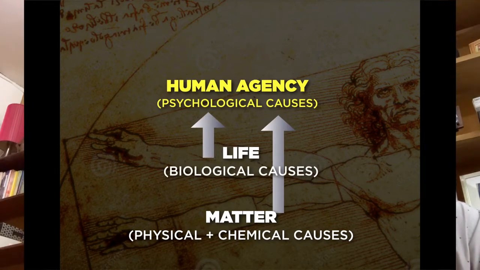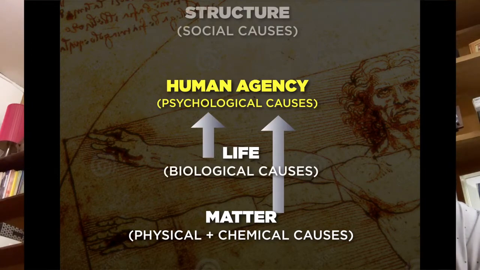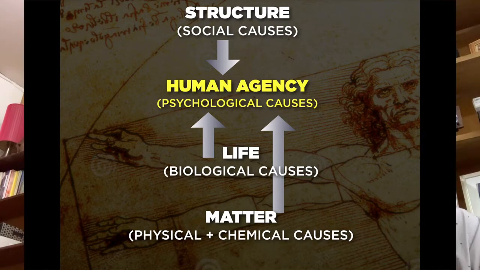Moreover, human agency is also shaped by social causes. Now, what this is showing us is that human agency is rooted not only in the physical and chemical and biological, but also in the social. This picture seems to suggest that human agency is nothing but the product of matter, life, and structure.